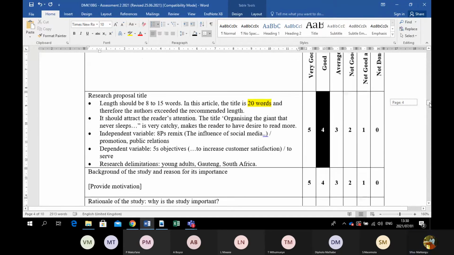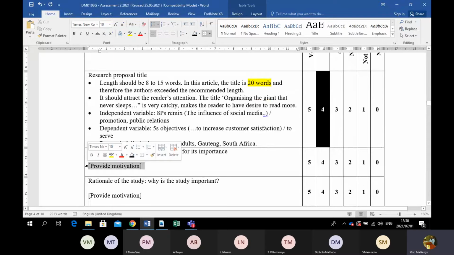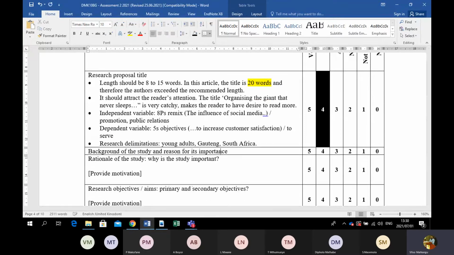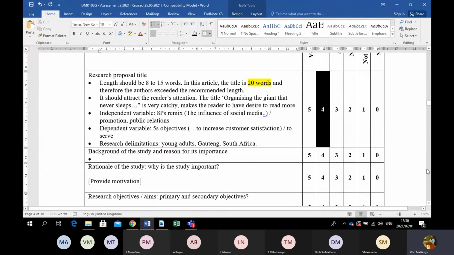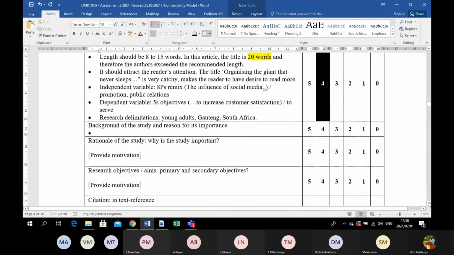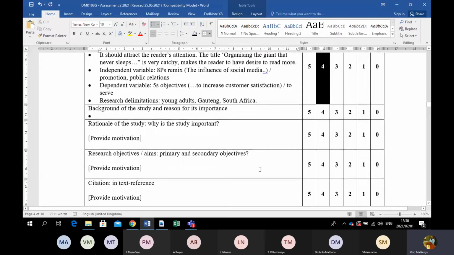So you are not limited, so you need to search and do a literature review about all this. I'm going to quickly share a few under each. Under background, usually it is suggested that you begin the study with an interesting quote.